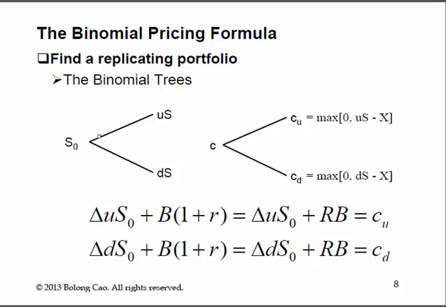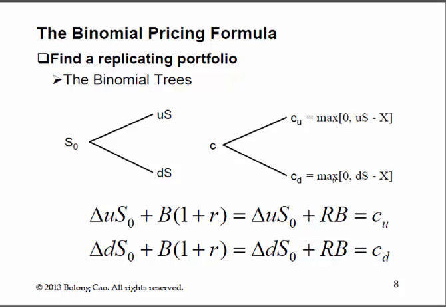Now in the binomial tree, we have the two states for the expiration price of the underlying. For the call option, there can be an upstate call payoff and a downstate call payoff, and we do have the expiration for both.